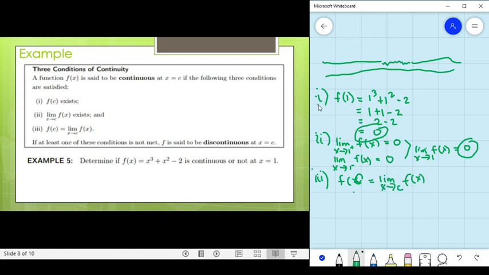Since the three conditions are met, f of x is continuous at x equals 1. Okay?